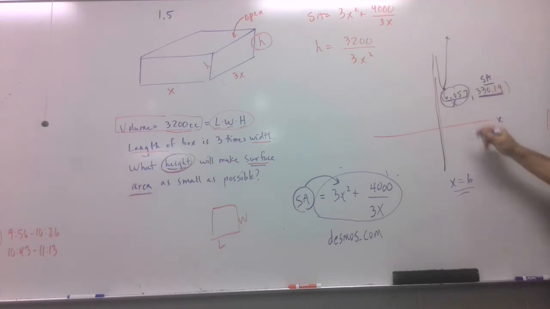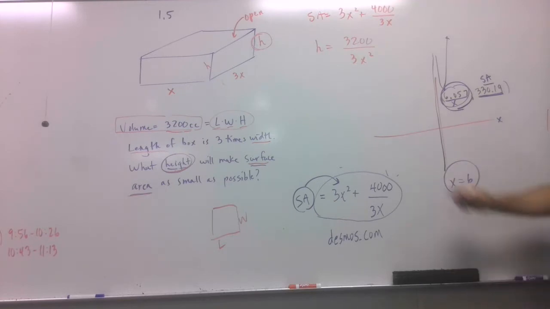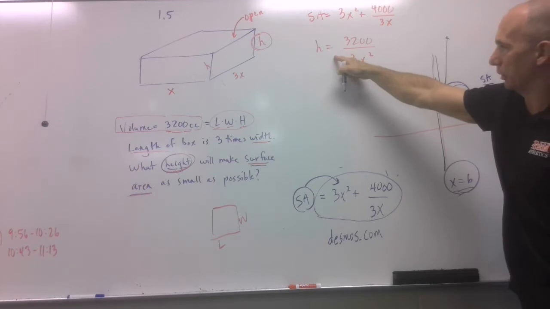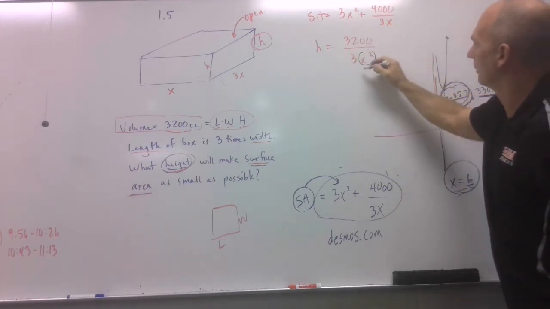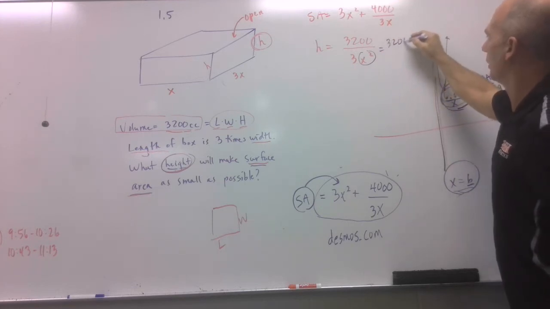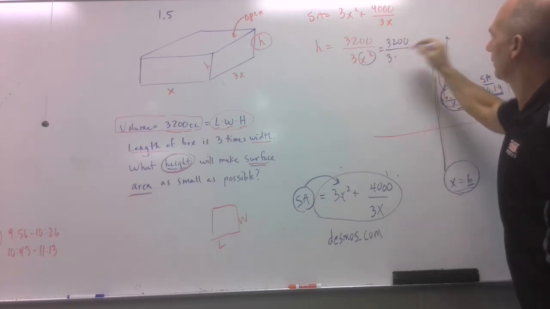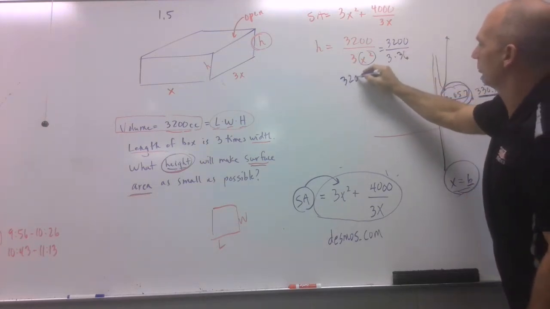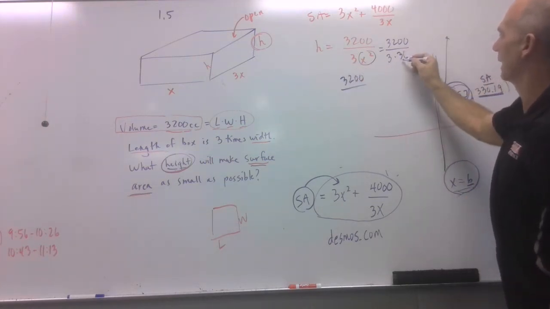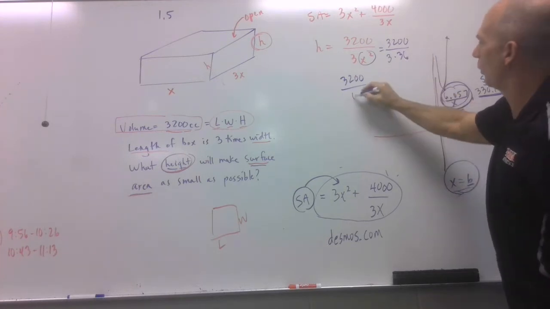So now we know x is 6 right here. But the problem wants us to talk about the height. Well, we've got this formula that we created earlier. So now all we got to do is plug this 6 right in here, square it. So that's 3,200 over 3 times 6 squared is 36. So that's 3,200 divided by whatever that is, 90 and 18, that's 108.